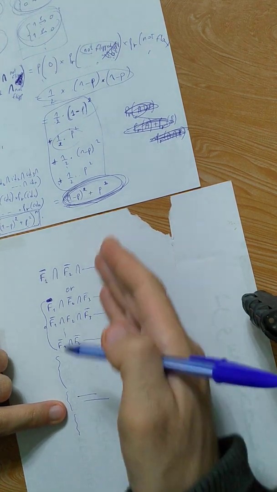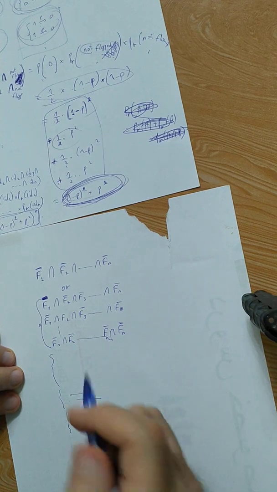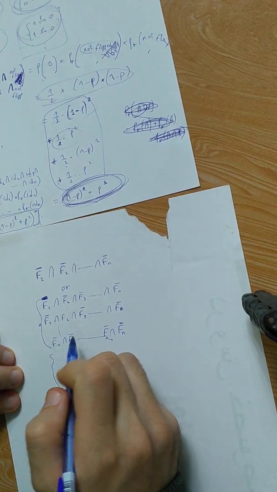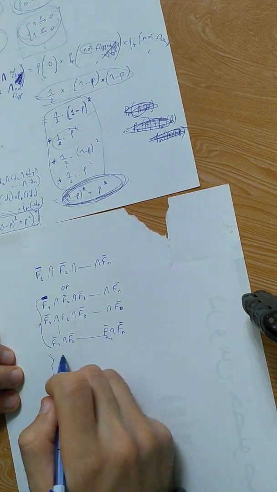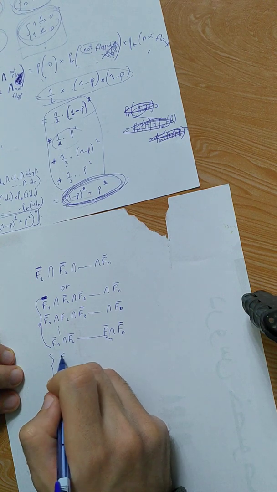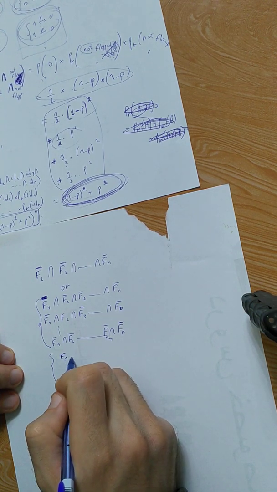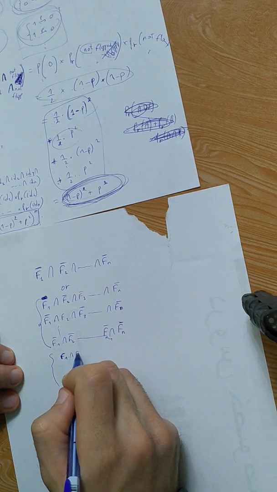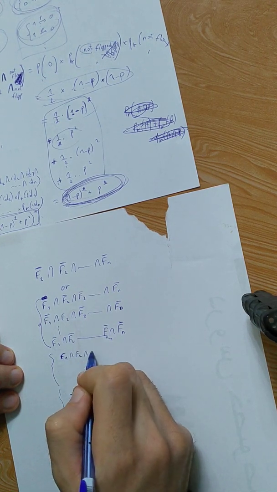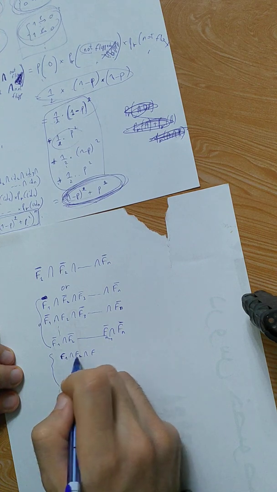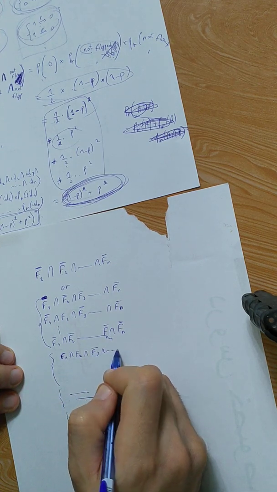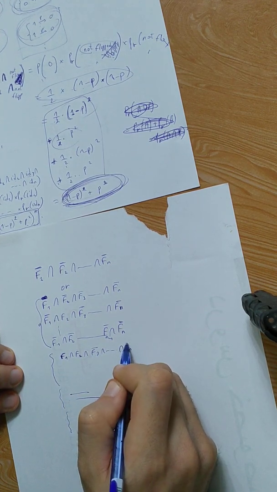And what is all this? Considering two, it is really useful. For example, F1 and F2 both flipped and the remaining not flipped.